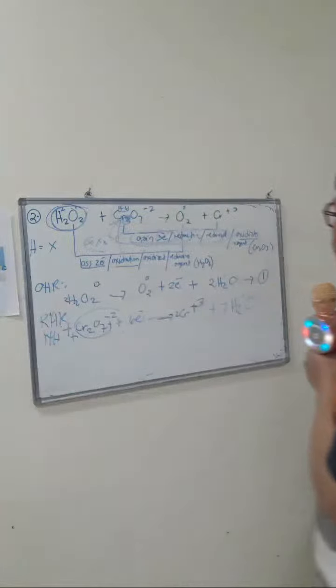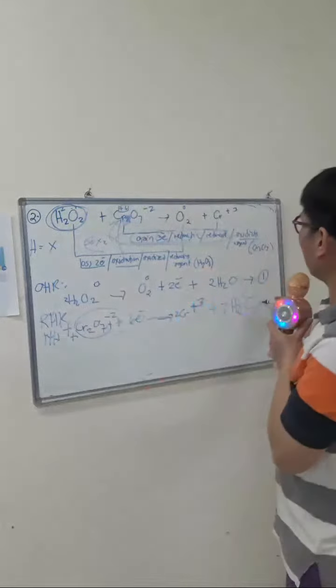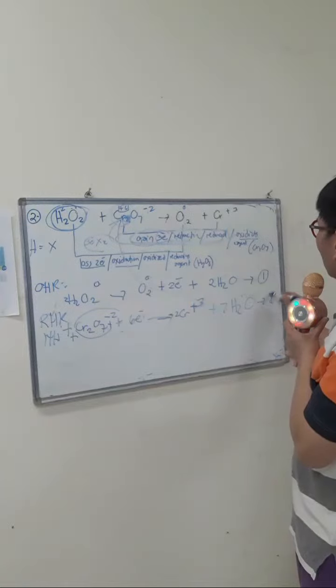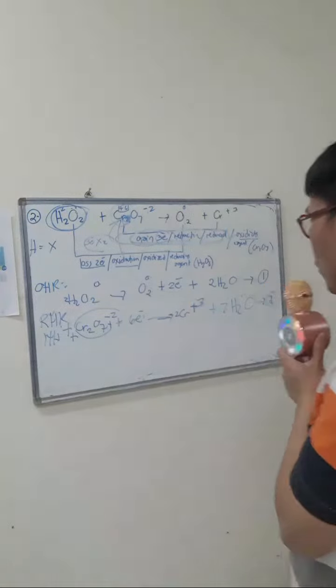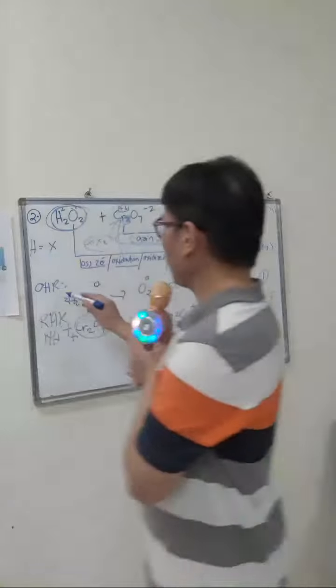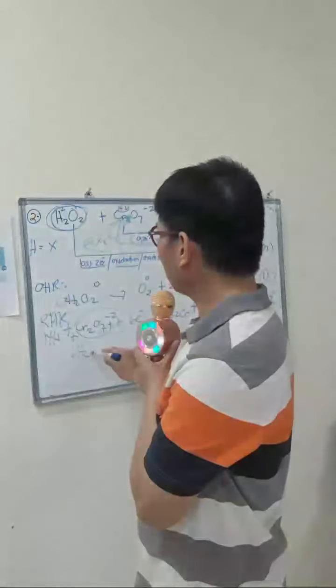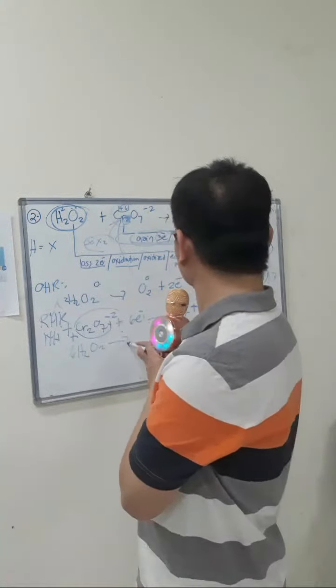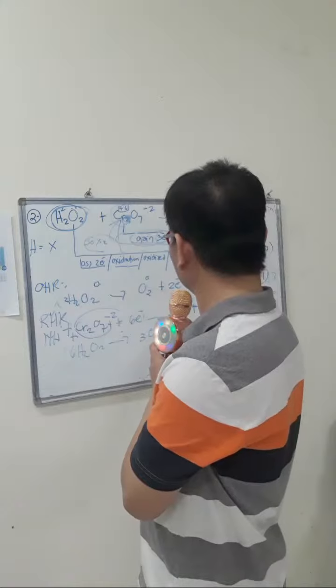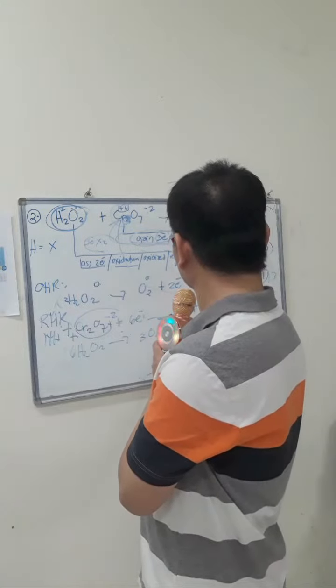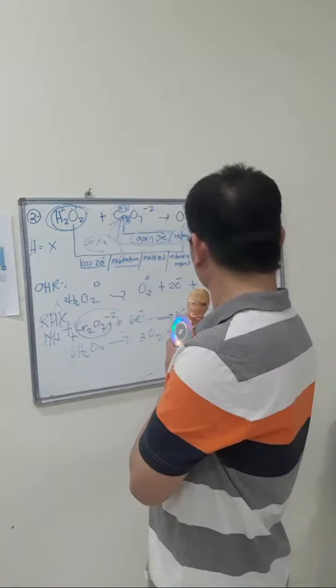Okay, there are 6 electrons. And now we need to cancel the electrons in the first equation, then we have to multiply by 3. So 6 hydrogen peroxide is equal to 3 oxygen gas plus 6 electrons plus 6 water.